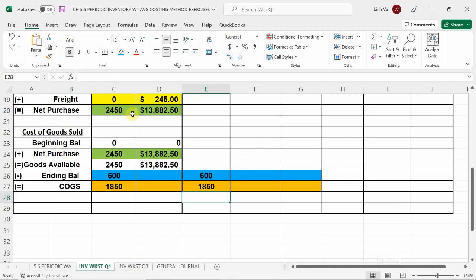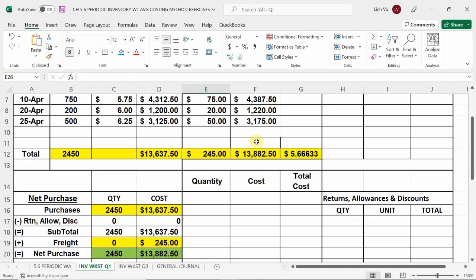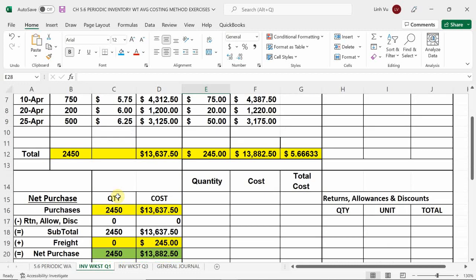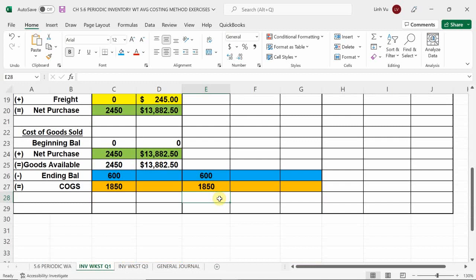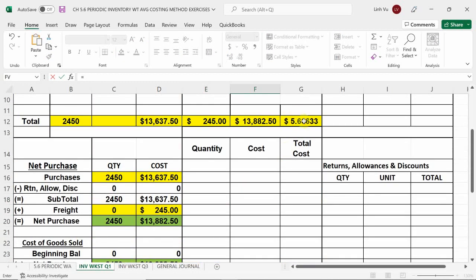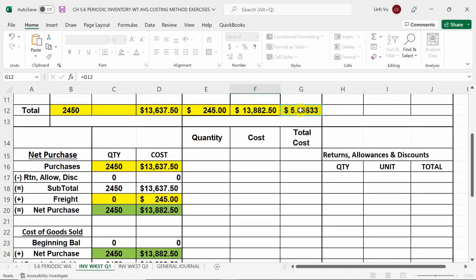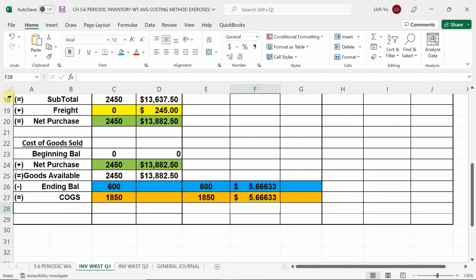Now, in this case, since we know what my average cost per item is, because we calculated here for this entire batch of inventory, we know for a fact that it's going to cost me $5.6663 per item that I sell. So here, that's exactly what I'm going to do. I'm going to pop in my average cost per item because that's how much it's going to cost me for every item that I sell.